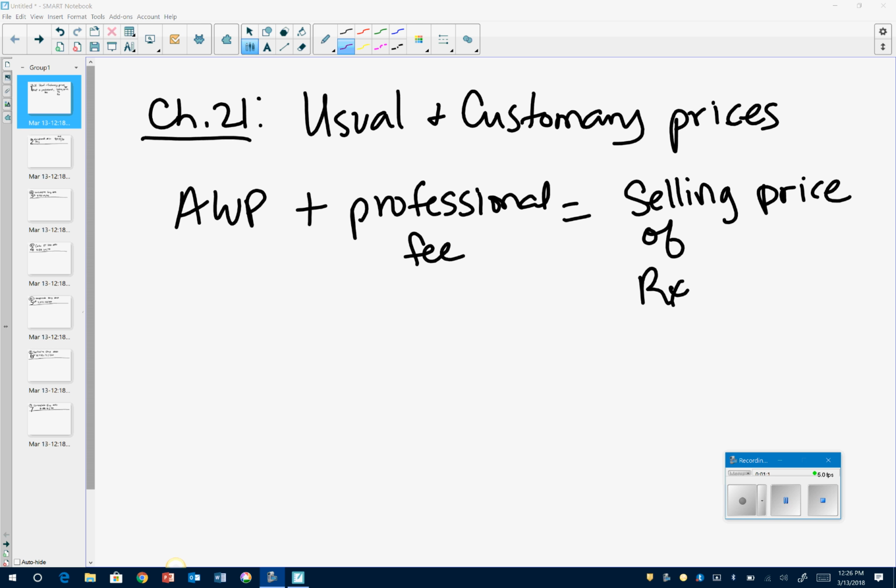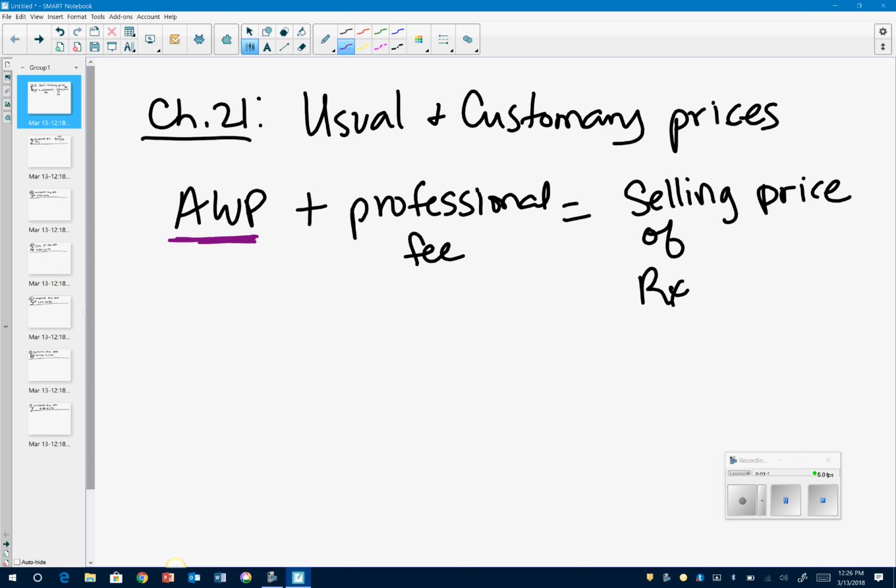If it's less than $20, the professional fee is $4. If it's between $20.01 and $50, the fee is $10. If it's greater than $50, it's a $15 fee. The formula is the AWP plus the professional fee equals the selling price of the prescription.